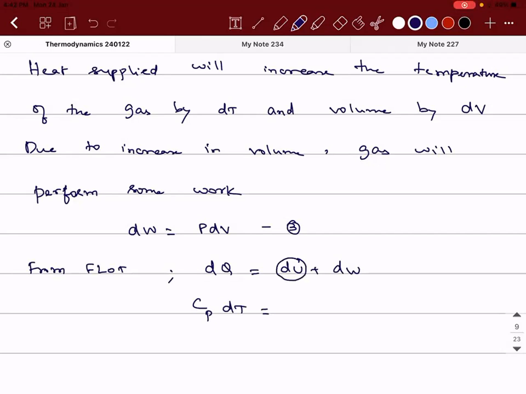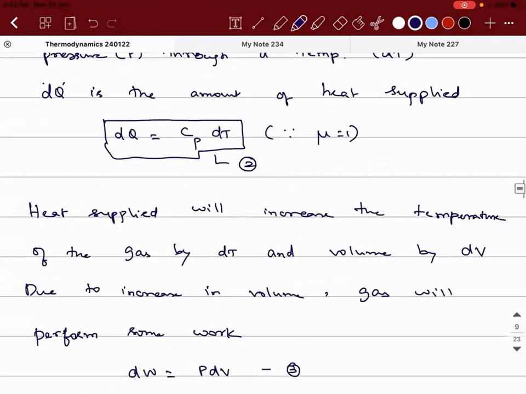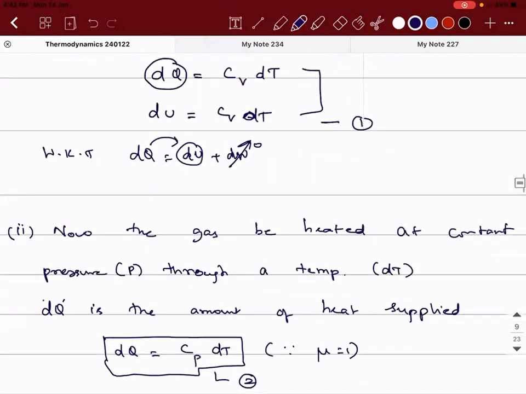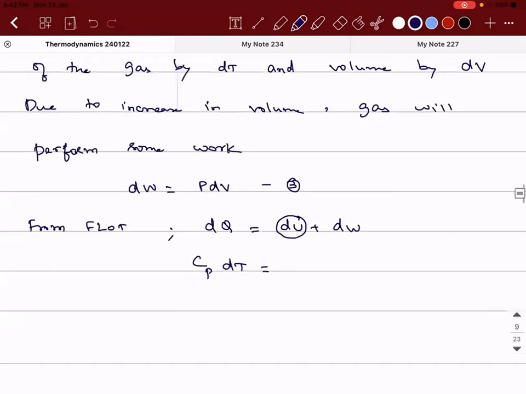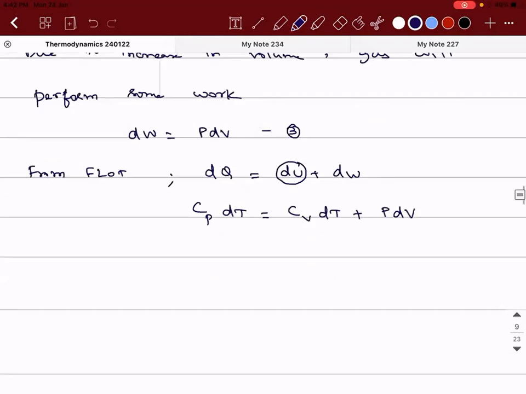Remember, internal energy is only a temperature dependent quantity, so it does not depend whether you do it under a constant pressure or constant volume. When that is the case, dU can be replaced with Cv dT. So this will be equal to Cv dT plus PdV.